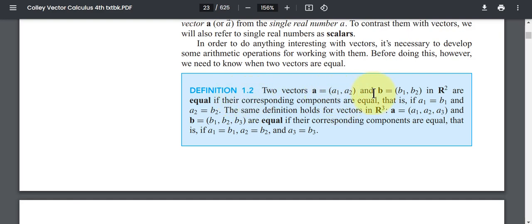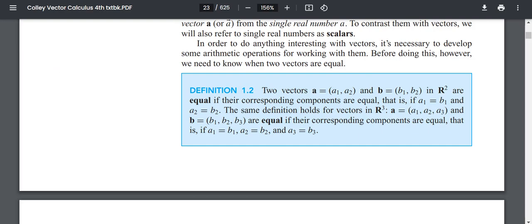If we say A and B are equal, it means that A1 equals B1 and A2 equals B2. So when two vectors are equal, we get two equations because there are two elements. If this was in R3, we would get three equations. But for R2, we get two equations.